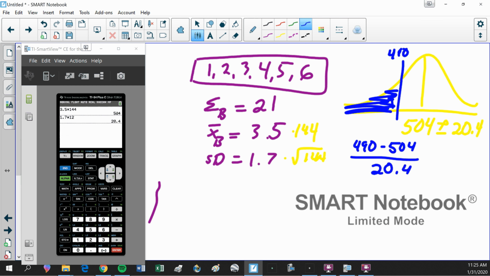That's negative 14 divided by 20.4, which is negative 0.68. Now I shade from negative 5 to negative 0.68, and we get an area of about 25%.